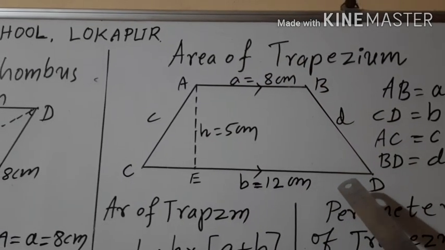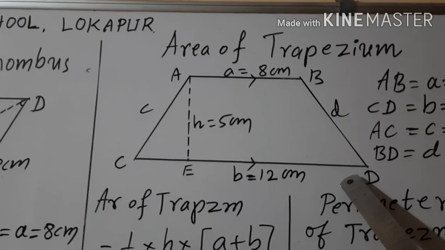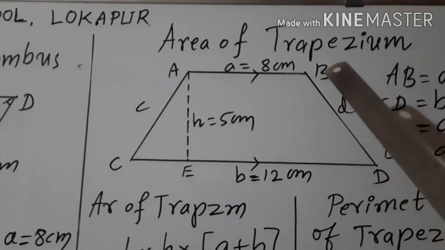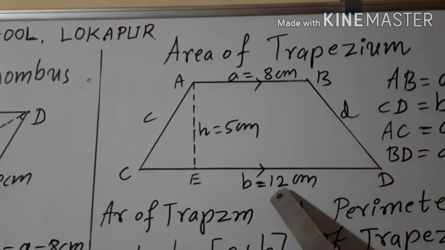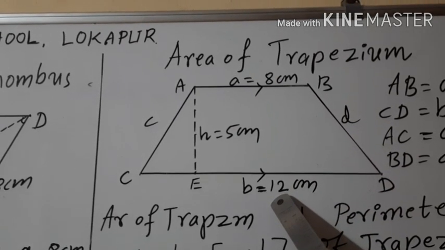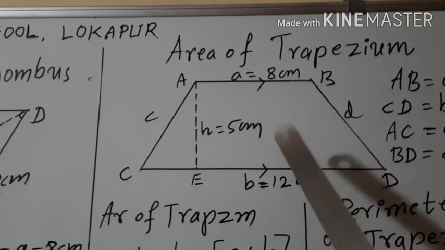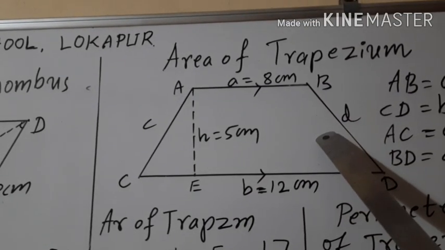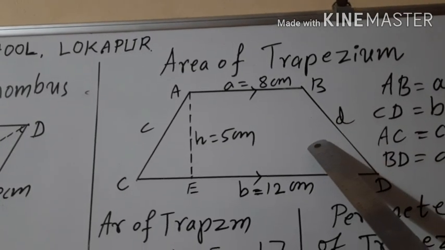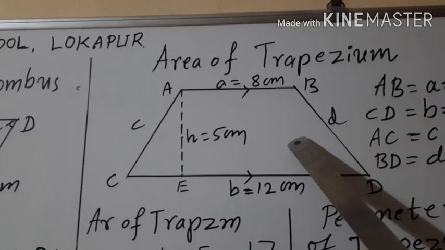AC and BD make another pair of opposite sides. In a trapezium, one pair of opposite sides will not be equal to each other, but they are parallel. In the other pair, they will not be parallel, but they may or may not be equal. That is the condition of a trapezium.